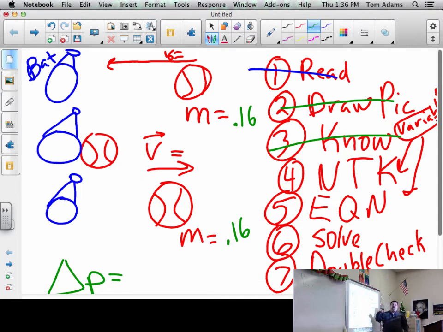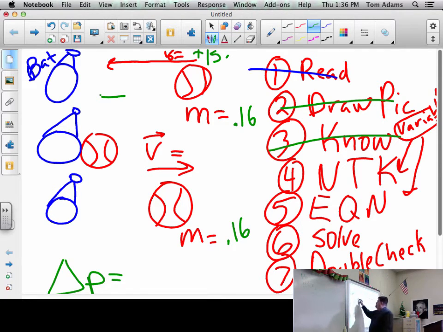If the initial speed is 15, does that have a direction? No. Can I assign a direction to it? When I assign a direction, the direction is either positive or negative, right? So I'm going to assign this a value. We know it's 15, but I'm going to assign a positive.